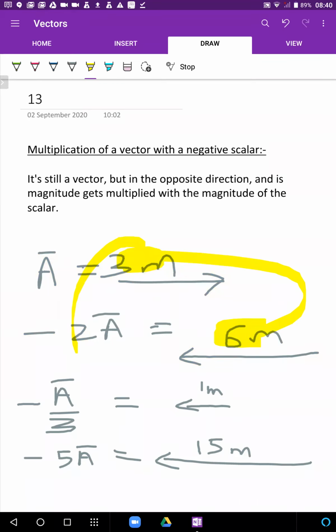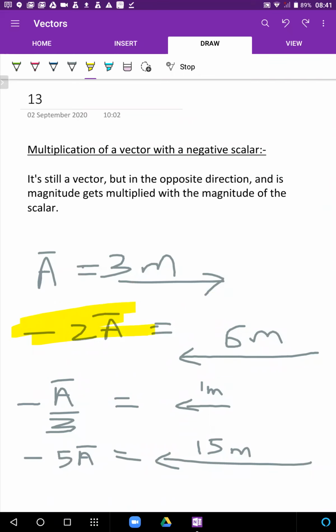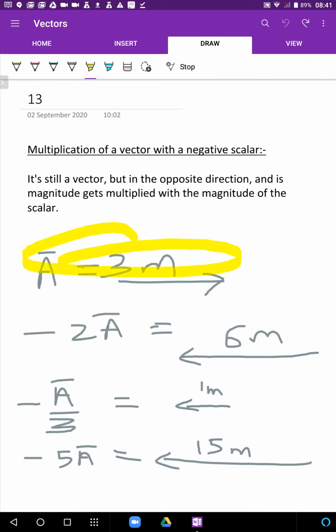Okay, good. And your question is why we did minus 2a bar. ये एग्जाम्पल दे रहा हूं, मैंने इतना दिया एंड मैं दे रहा हूं कि minus 2a bar फिर क्या होगा. These are examples. So minus 2, when a bar is 3, minus 2a bar will be 6 meters towards the left.